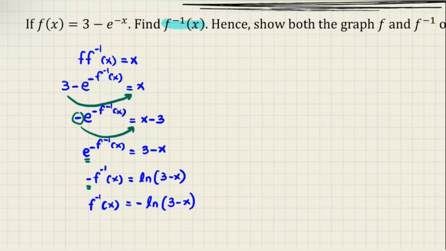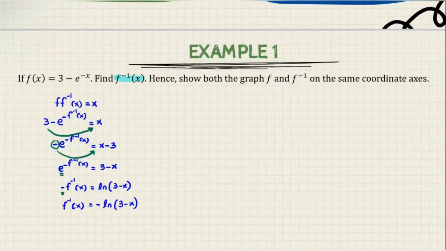Okay, next dia kata hence show both graph F dengan F inverse on the same coordinate axis. Okay, ini adalah perkara penting yang kamu kena ada bila dia suruh kita lukis on the same axis. So kena label our Fx, F inverse dan juga Y sama dengan X. So kena ada 3 inilah.